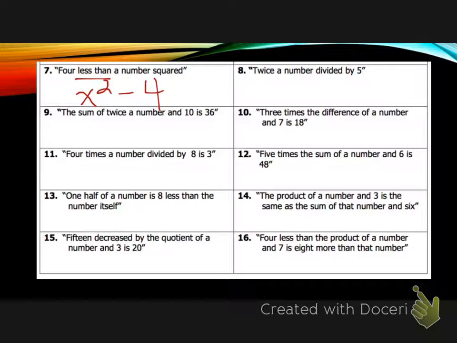The sum of twice a number and 10 is, that's a word we hadn't talked about, is going to be similar to an equal. So the sum of twice a number and 10 is 36. So we just wrote an equation based on the words alone.